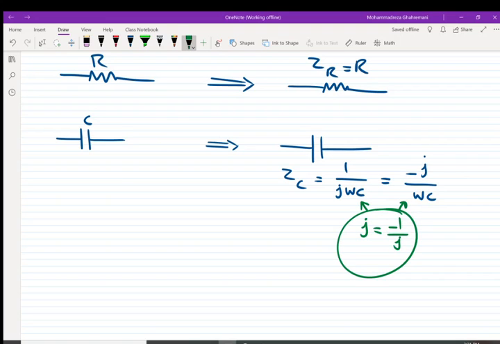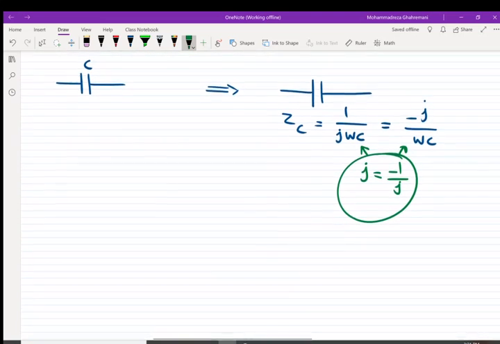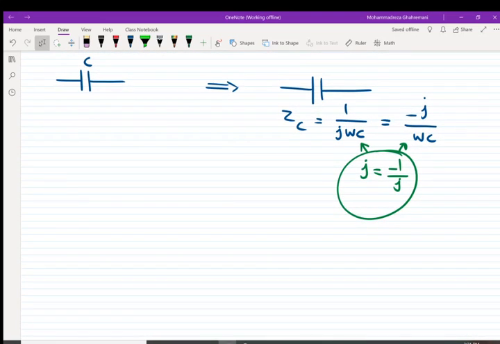What is omega? Omega is the angular frequency, and C is the capacitance. So the impedance of a capacitor is 1 over j omega C, or negative j over omega C.